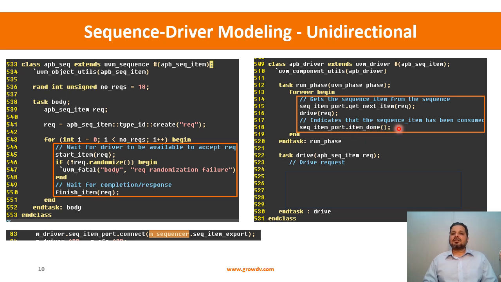This indicates the sequence item that it had received has been consumed, which in turn unblocks this finish item request call, and then one overall iteration of passing a sequence item from the sequence to the driver with this handshake has completed. After the finish item has gotten unblocked, it can move to the response phase if there is one, and we can utilize those two methods that we talked about.